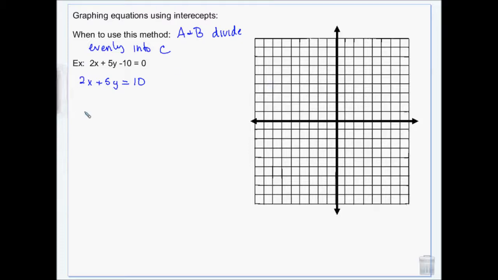So I take 2x and make it 10, and I take 5y equal to 10. Essentially I take away the 5y on one and the 2x on the other. In other words, I plugged in 0 for y, and then I plugged in 0 for x.